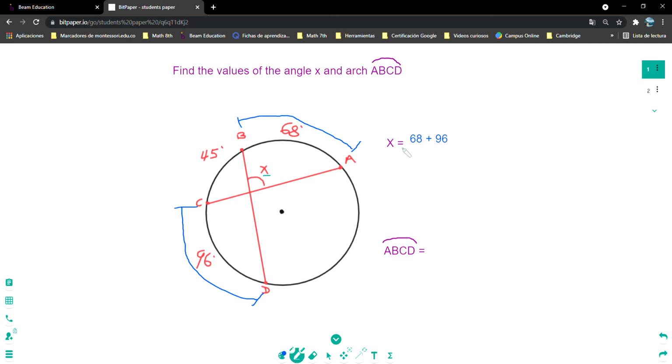Go back to the PowerPoint presentation that you already have in Schoology, guys. So we just add these arcs and divide by 2. If we do this operation, 68 plus 96 divided by 2, that will be 82 degrees. So that will be this interior angle, 82 degrees.